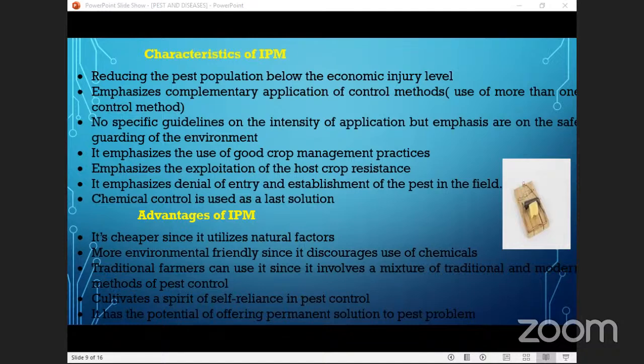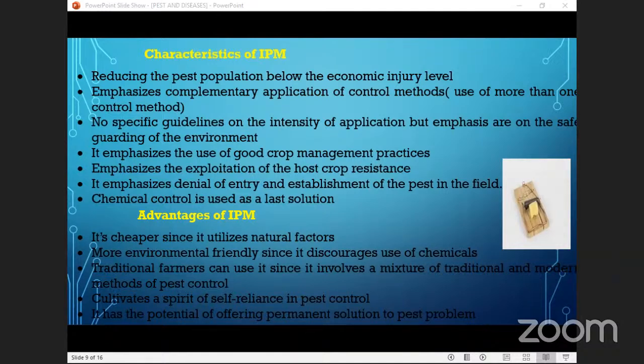No specific guidelines on the intensity of application, but emphasizes the safeguarding of the environment. It is not quantified that you have to apply this many milligrams, you have to do this every two weeks. That is not guaranteed. It's not there.